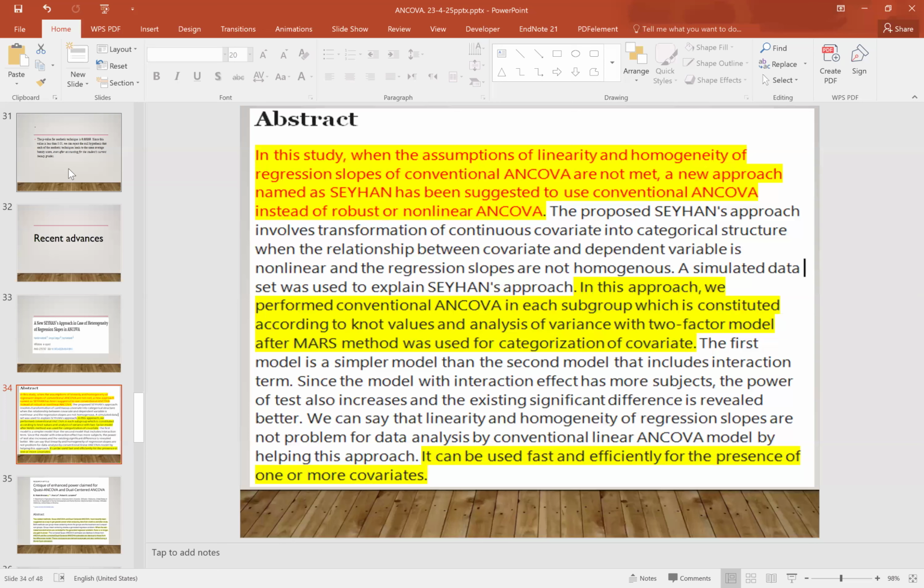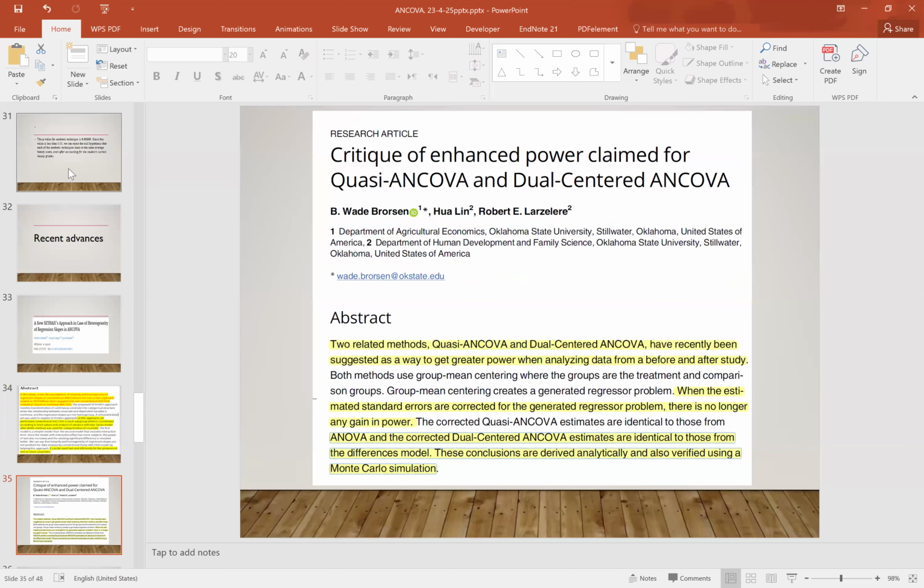This is another article published in 2025, a critique of the enhanced power claim for quasi-ANCOVA and dual-centered ANCOVA. Two related methods, quasi-ANCOVA and dual-centered ANCOVA, have recently been suggested as a way to get greater power when analyzing data from before-and-after studies.